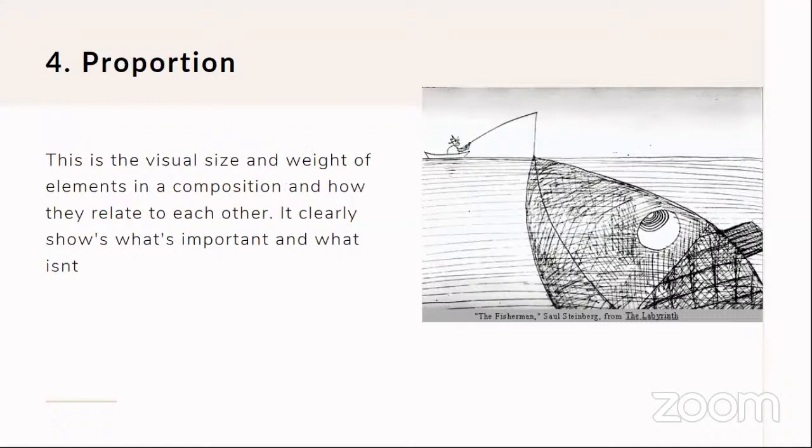Proportion. This is the visual size and weight of elements in a composition and how they relate to each other. It clearly shows what's important and what isn't. In simple terms, proportion is the size of the elements in relation to each other. We have 5 elements. How are they related to each other? How are we scaling them?